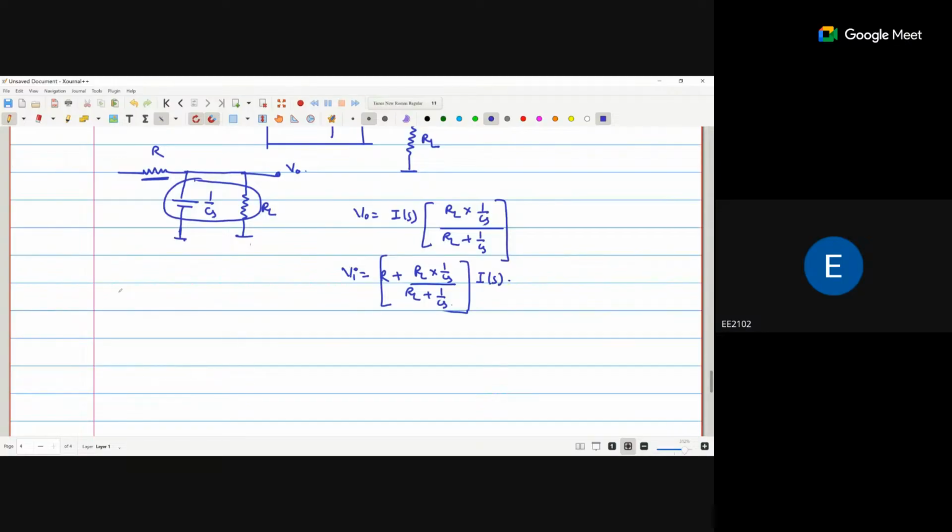So Vo is RL upon 1 plus RLCs times Is. And Vi is R plus RL upon 1 plus RLCs times Is. So Vo upon Vi is what?